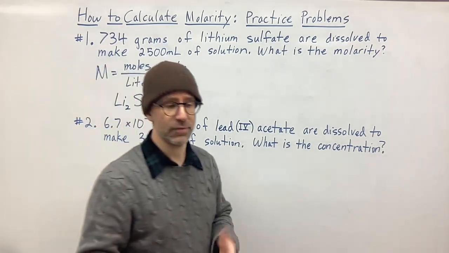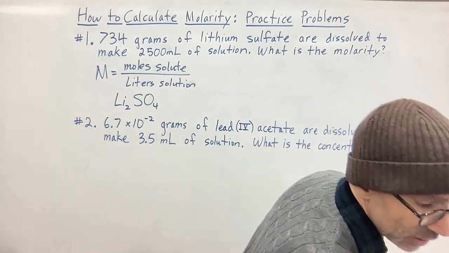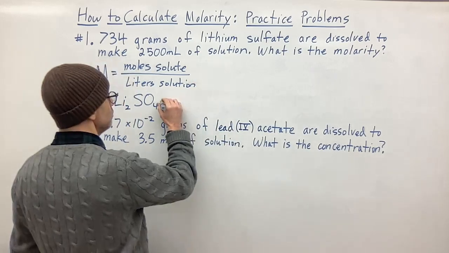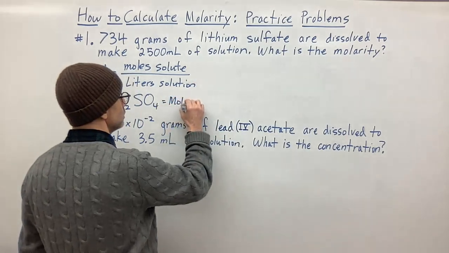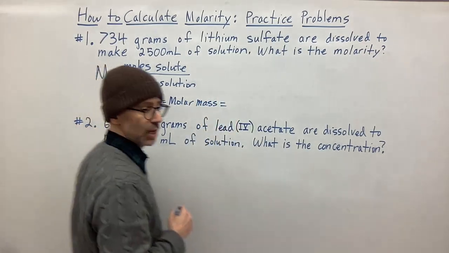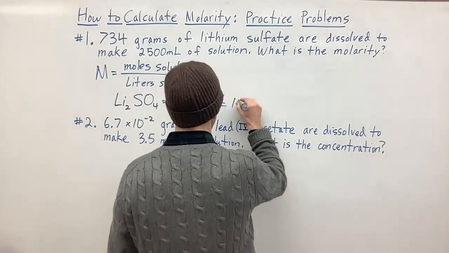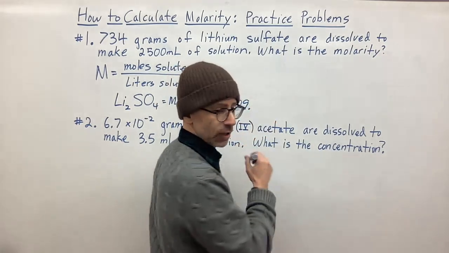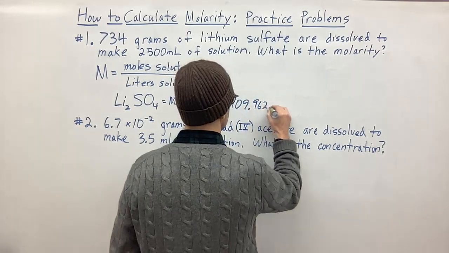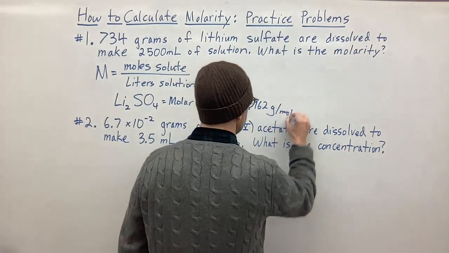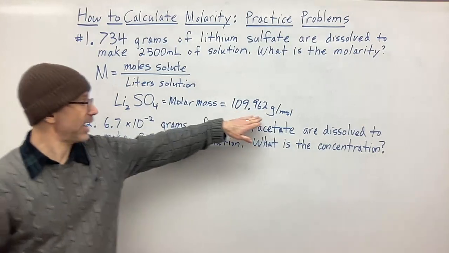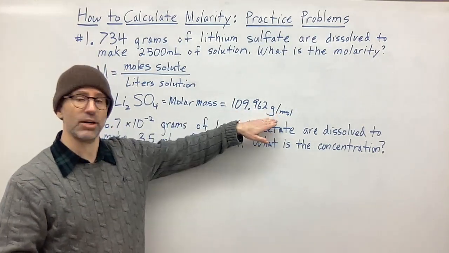And the molar mass of that, when I calculate that out, is 109.962 grams per mole. So I can use this as a conversion factor because I have grams per mole, so I'm relating grams and moles.